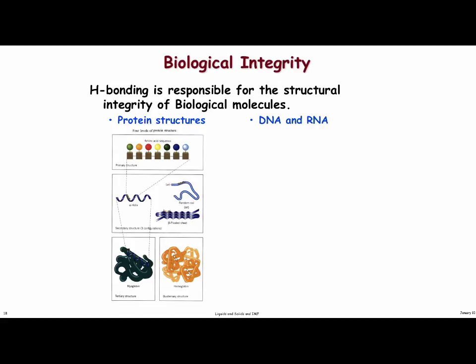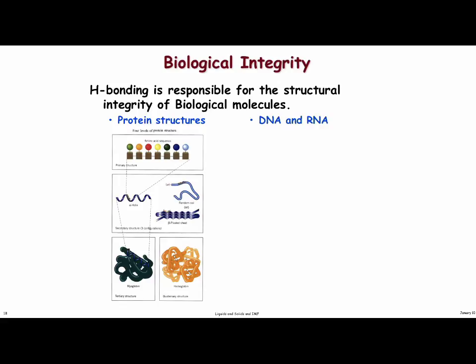The secondary structure, the way it folds, is based on hydrogen bonding. The tertiary structure as well, the way it bends, is based on hydrogen bonding. If it weren't for hydrogen bonding, the protein structure would not be correct and these proteins would not function correctly.